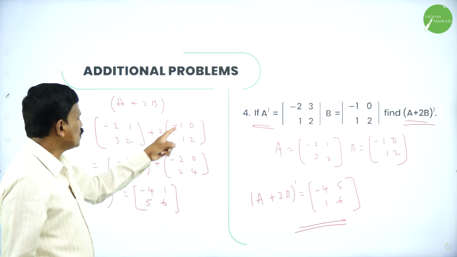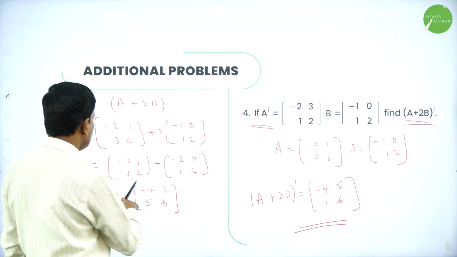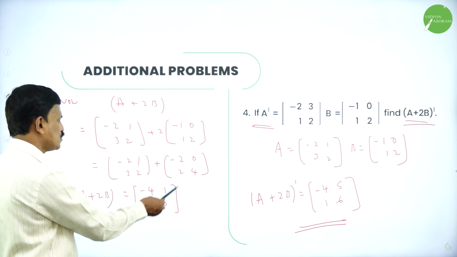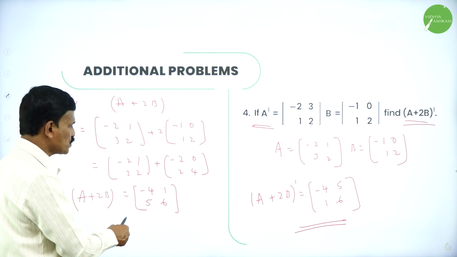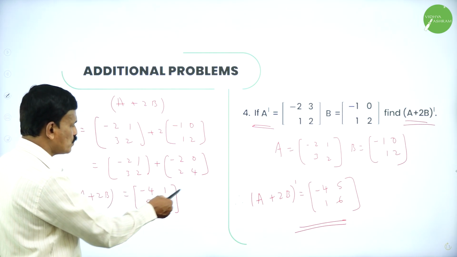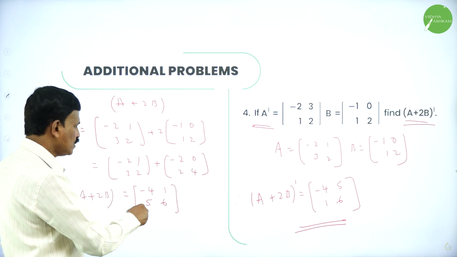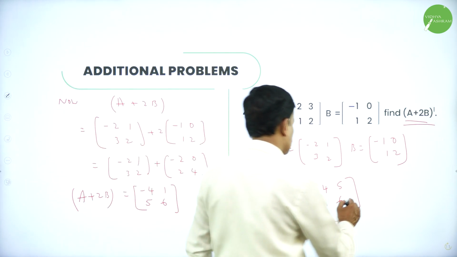Multiply this with 2: 2 ones are 2, 2 twos are 4. Add, this is addition of matrices. Minus 2 plus minus 2 is minus 4, 1 plus 0 is 1, 3 plus 2 is 5, 2 plus 4 is 6. This is A plus 2B. Transpose this: (A plus 2B) dash is equal to minus 4, 1, 5, 6, where the first row becomes the first column. This is the required answer.